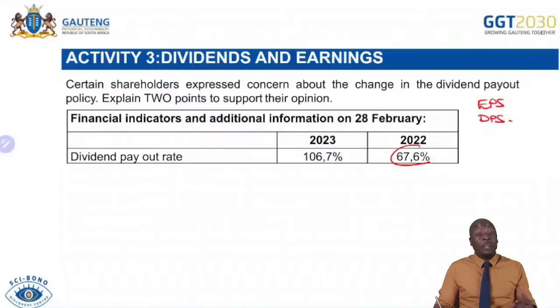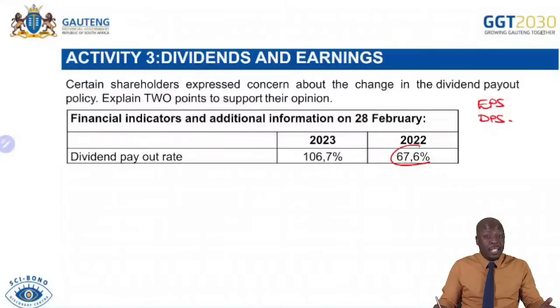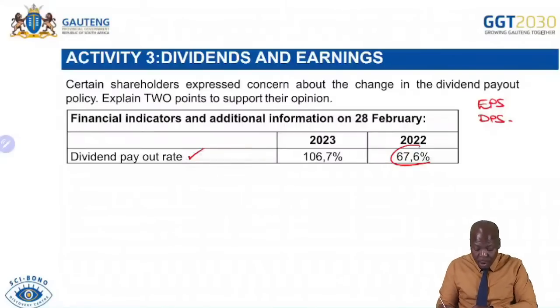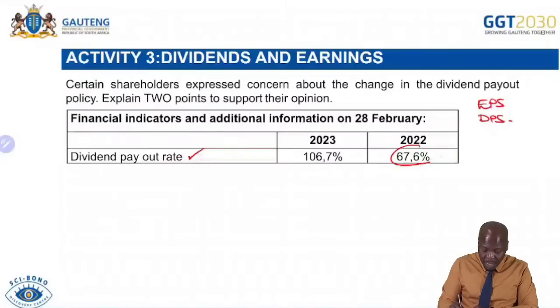So you are now saying what percentage of earnings is being given as dividends. All right. So here they've already calculated for us the dividend payout rate. And they are now saying the dividend payout rate in 2022 was 67.6%. When you see such a percent, it means whatever was left out was retained.